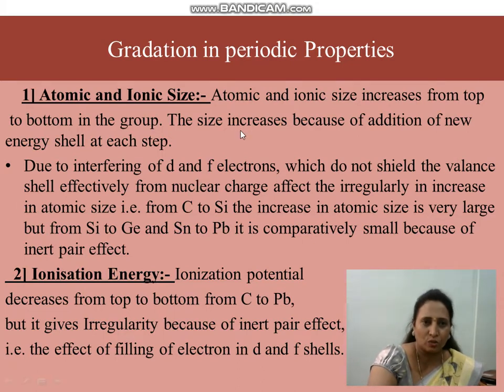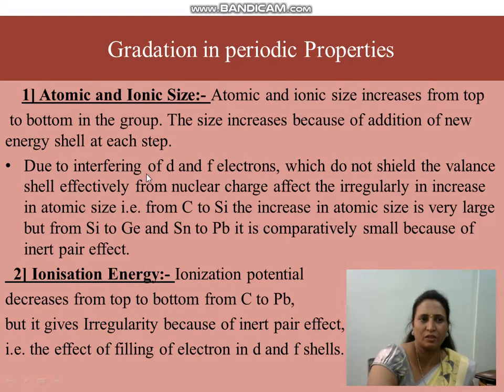So this is due to the interference of D and F electrons. That is, at the bottom the addition of D and F electrons starts, which do not shield the nuclear charge effectively, and because of this the nuclear charge reaches the last valence electron, which gets pulled towards the nucleus, and hence they do not shield the inner electrons.